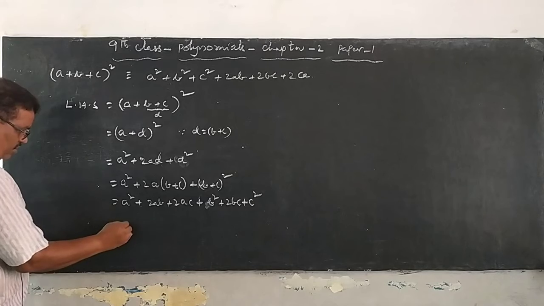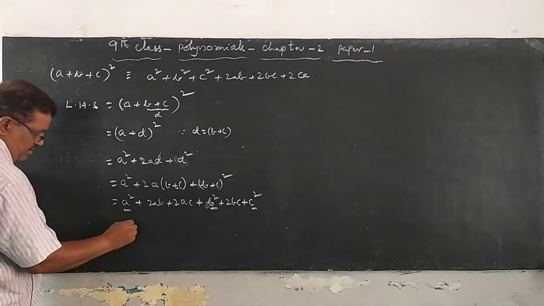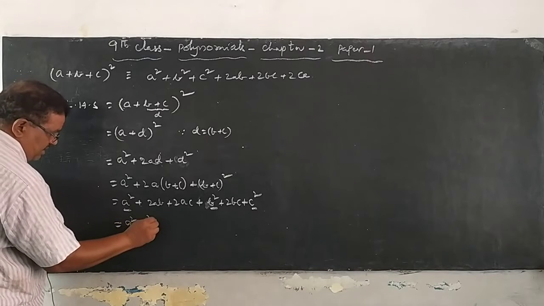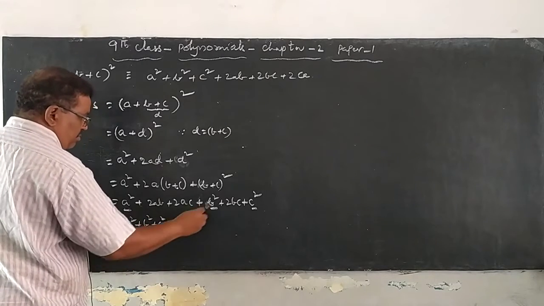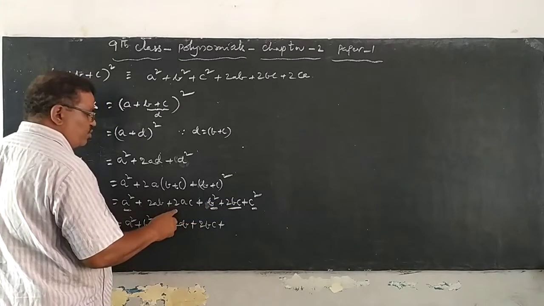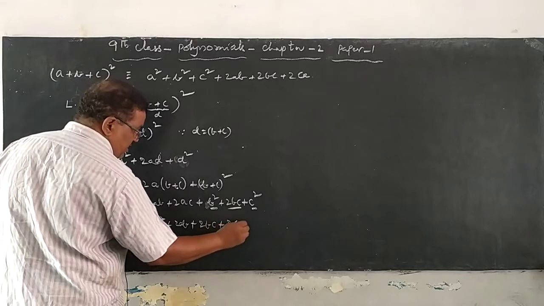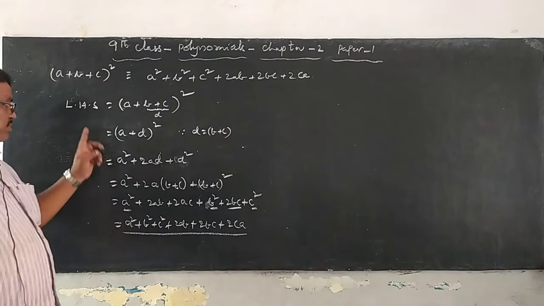Finally you got a square plus b square plus c square plus 2ab plus 2bc plus 2ac, and 2ac can be written as 2ca.